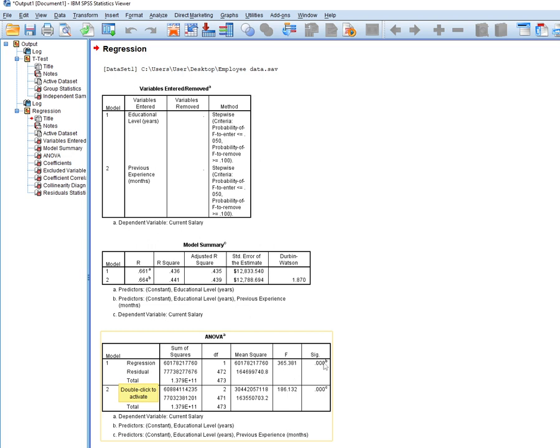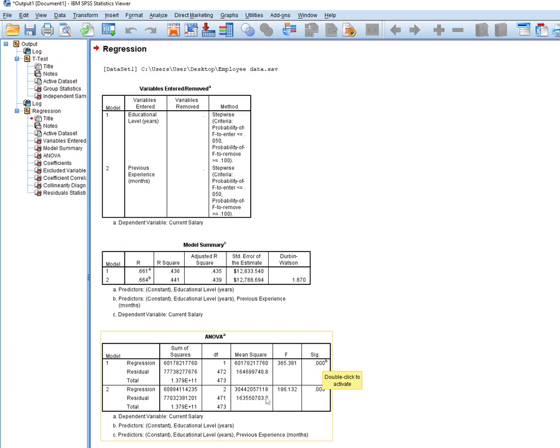With education alone in the model, I'm still having a significance of 0.00. So we're saying the model with education alone is significant. Of course, I'm rejecting the null hypothesis, which is that the model is not significant. The alternative is that the model is significant.